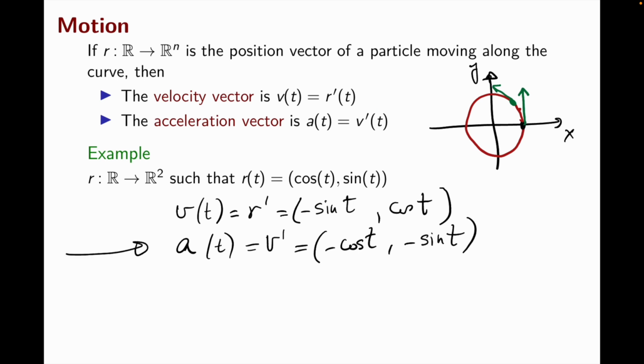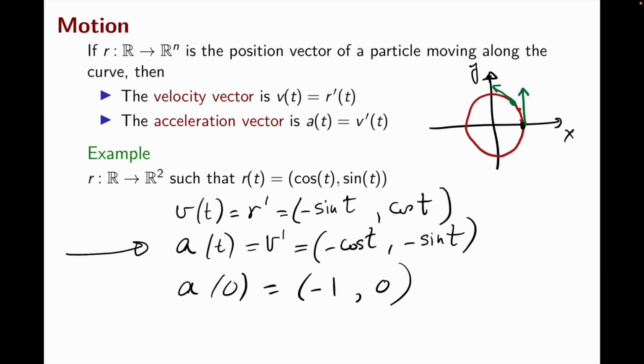So in the same way we have the acceleration for all values of t. For instance, the acceleration for the value 0 will be minus cosine of 0, which is minus 1, comma, minus sine of 0, which is 0. So the acceleration vector will be (minus 1, 0) at that point.